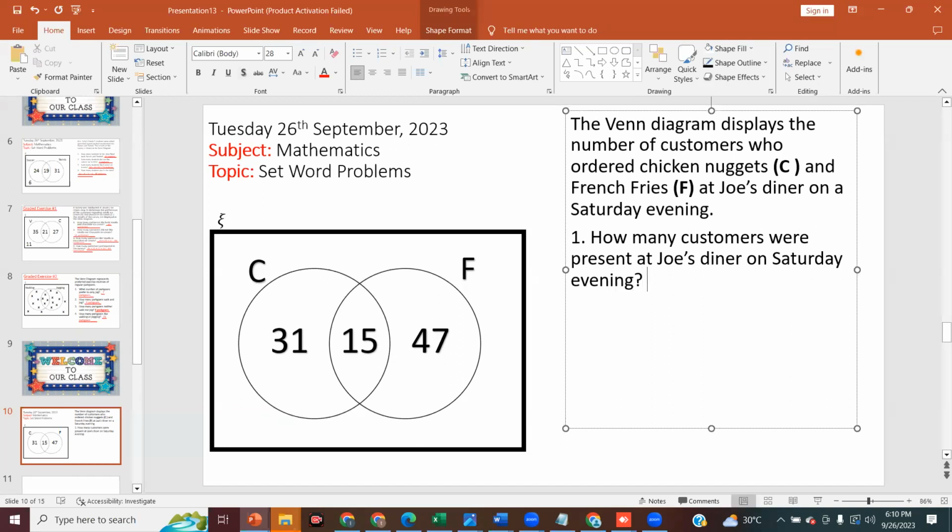I want you to answer this inside the chat, please. The foundation of your answer is going to be based on this Venn diagram. So put your answer inside the chat, please. How many customers were present at Joe's diner on Saturday evening? All right.